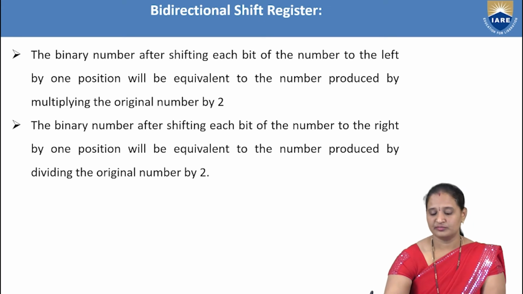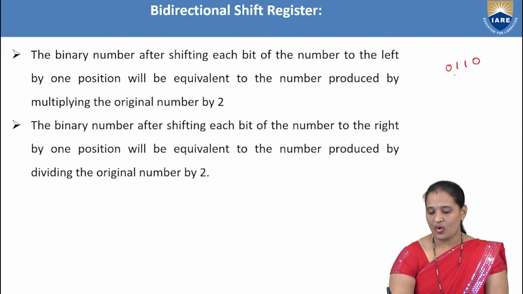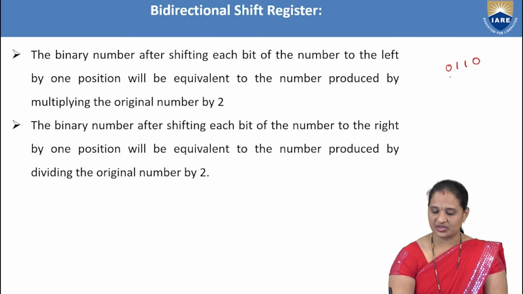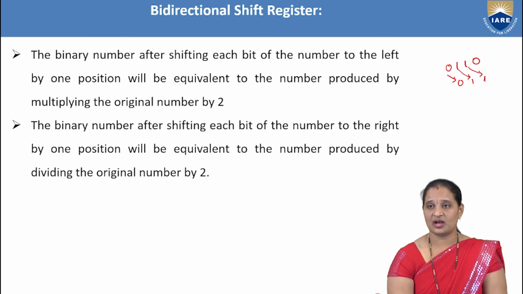Let us consider 0, 1, 1, 0. This is my number. Now I am performing a right shift operation by 1 bit position. So when I perform the right shift operation, this 0 will come here, and this 1 will come here, and this 1 will come here, whereas this 0 will be coming here.